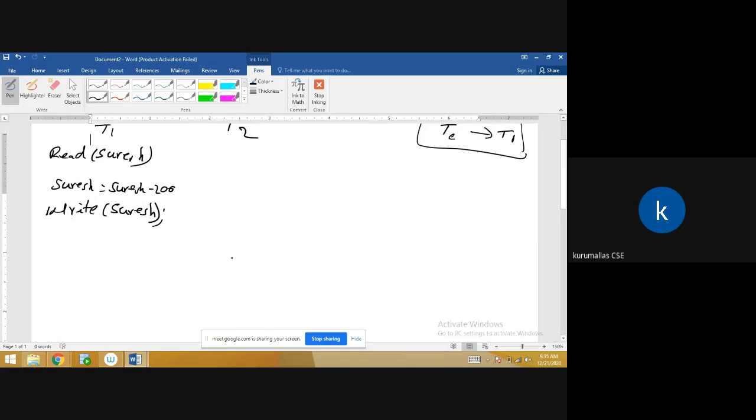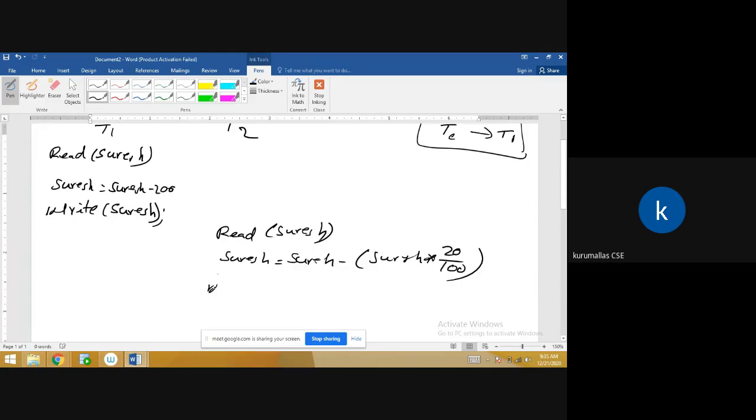After this, next read Suresh. Next, Suresh equals Suresh minus Suresh into 20 by 100. Write Suresh.